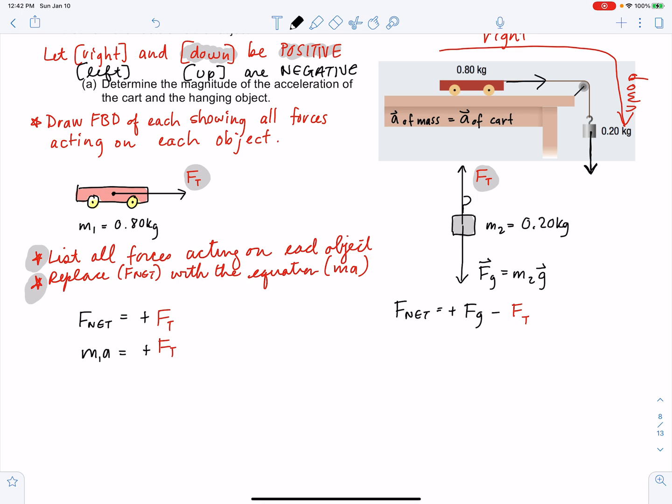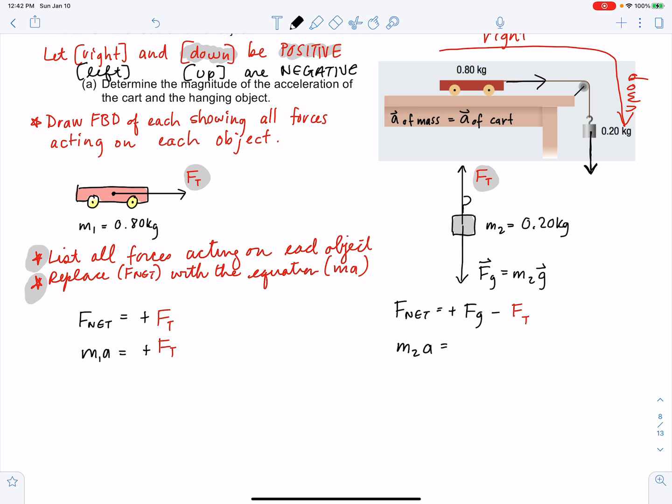So for object number 2, the net force is equal to the force of gravity minus the force of tension. And again, I've drawn the force of tension in red for both examples because the force of tension for both of these is the same. Next, I'm going to replace F net with the equation for F net, which is in this case M2A.